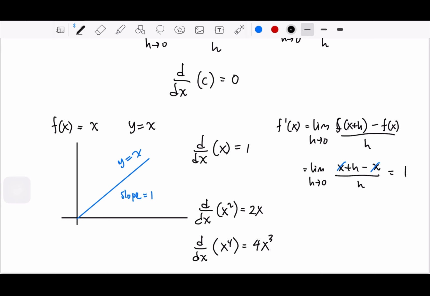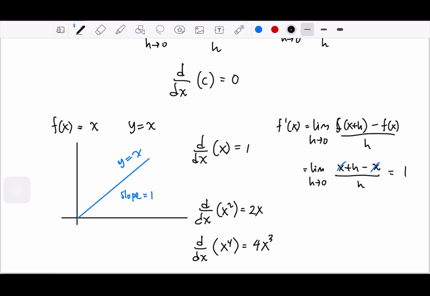Now we are looking at a pattern. By looking at x with power of 1, 2, 4, or x with power of n, we can develop a pattern from that formula, based on what we have learned in the limit.